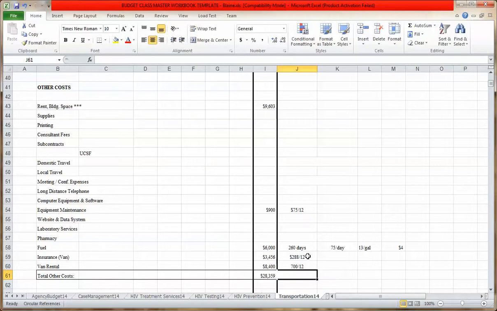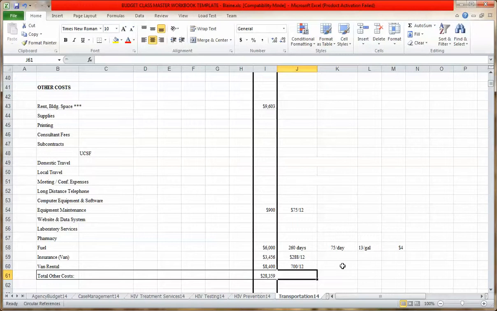The insurance is $288 a month, and that is also for 12 months. A very nice insurance person is charging us less, because our insurance has to be not only for the van, and remember we would also have agency insurance to cover all of the employees, and then some liability insurance. I haven't included all of those in the cost, since we're never going to capture everything that we need until you're actually in the situation and you can see everything that you need.